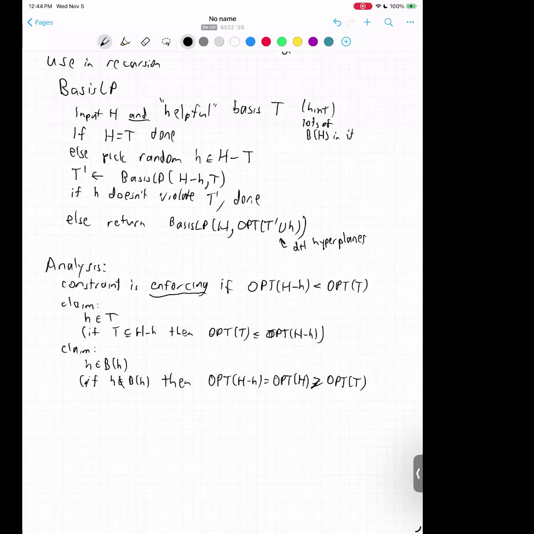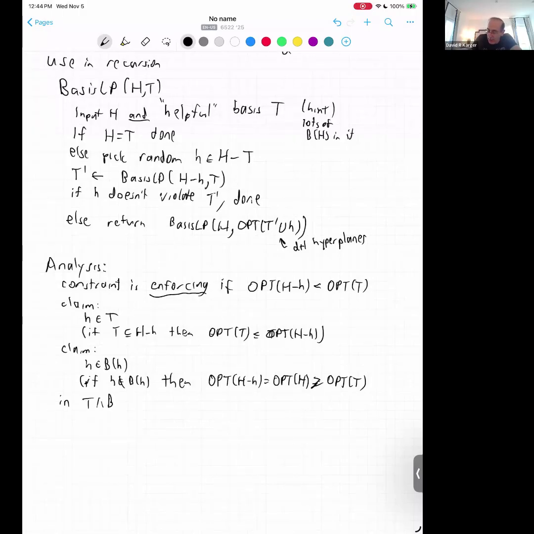And so we're saying if it's enforcing, then it's in T. Yes. So whatever the current state of our algorithm is, right? Again, our algorithm takes H and T as inputs, right? And so whatever H is and whatever T is, any enforcing hyperplane for that H and T is in T and in B of H. So in fact, it is in T intersect B of H.